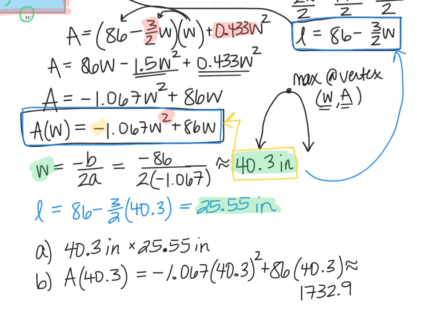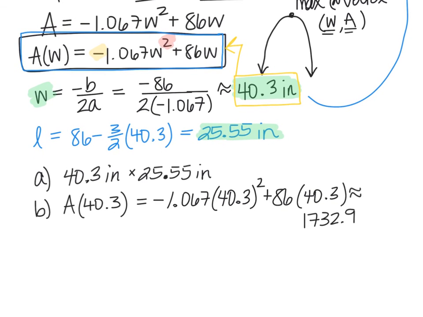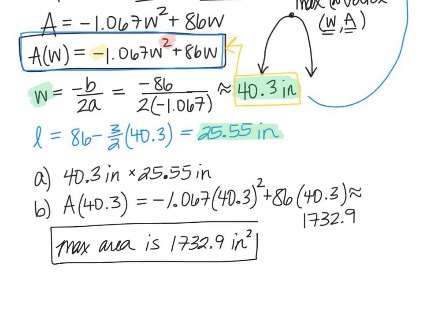So this will be the maximum area. And if the dimensions are in inches, then we can say that the maximum area, which is the maximum amount of light that can come through this window, is 1,732.9 square inches. So this would be our answer for part B.